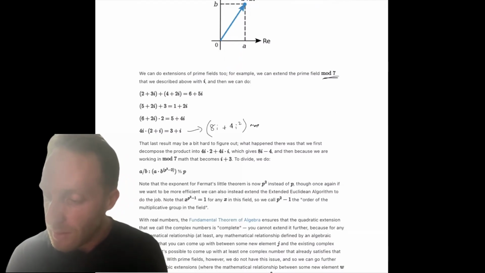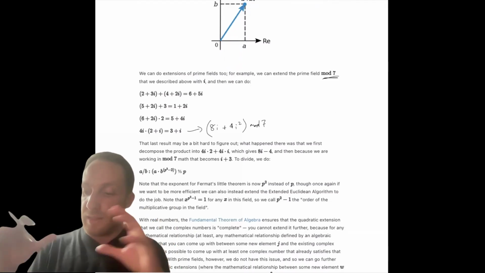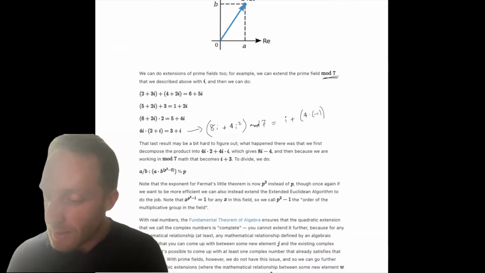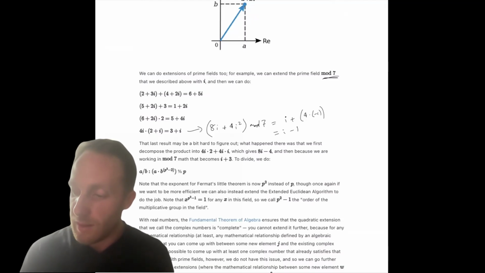So you do coordinate-wise mod, which gives you i plus 4i squared, and i squared is -1. This doesn't change, so it's -4. And so we can do plus 4 times -1. So this equals i - 4, or I think it's nice actually to keep it as plus -4. Both of these are mod 7, and -4 mod 7 is i plus 3.